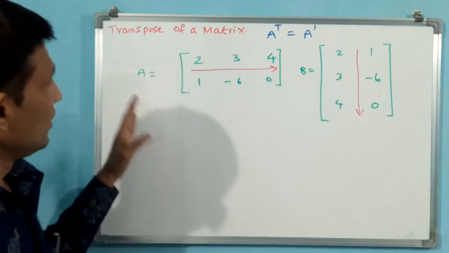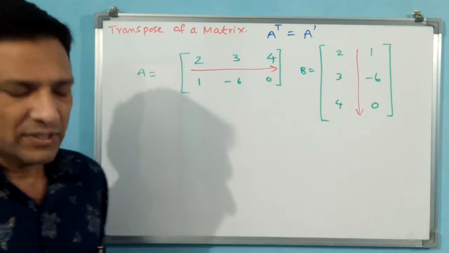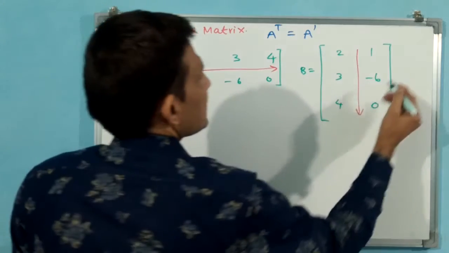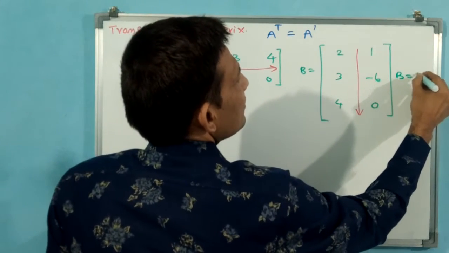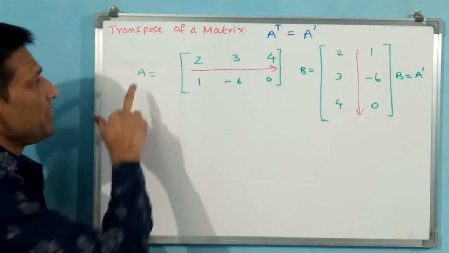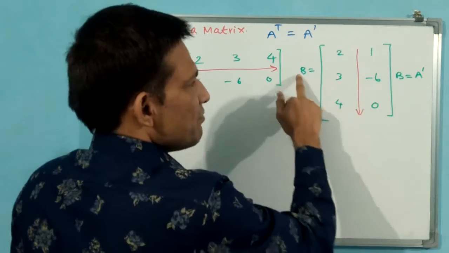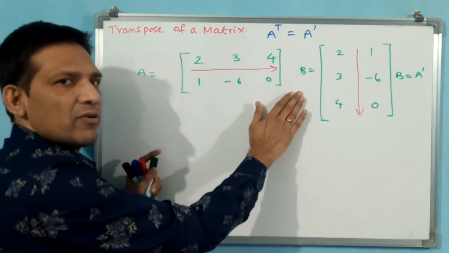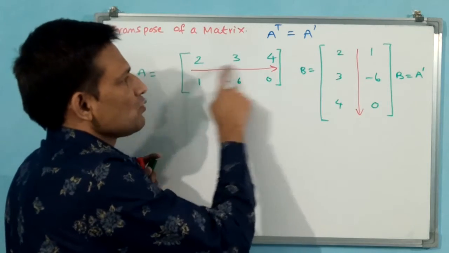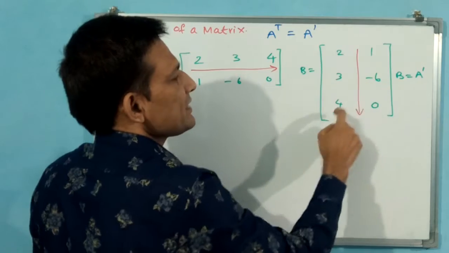That means if you interchange rows into columns, that is called the transpose of a matrix. Here we can say B is equal to A dash. A is 2 3 4, 1 minus 6 0. A dash is 2 1, 3 minus 6, 4 0. For your understanding I have written B, but you have to write A dash only.